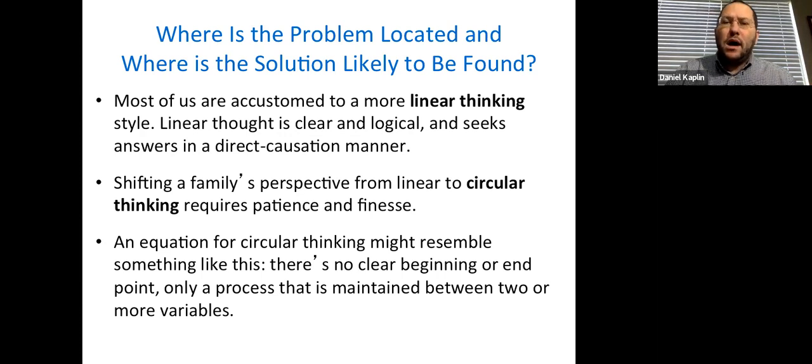So one of the important things to consider with circular reasoning is that we're not trying to find a first, then, next, finally, or beginning or end. We're trying to see, well, what is the connection between the factors that are bouncing off of one another, and what factors maintain sets of behavior.